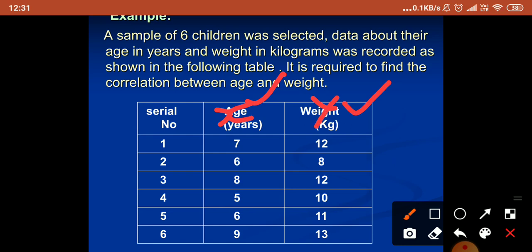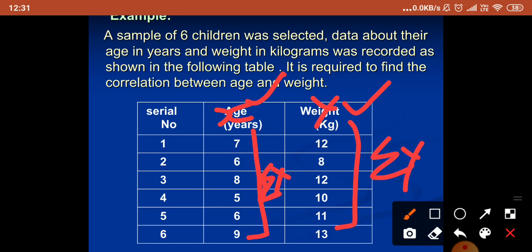When you add these values, you will get summation x and summation y. So the sum of these will be summation x and the sum of these quantities will be summation y. And if we multiply these two, x into y, we create a new column xy. So you will multiply x and y and get the sum of xy.